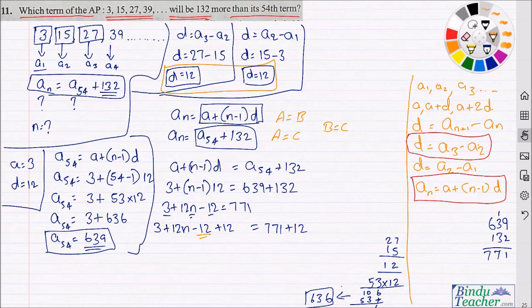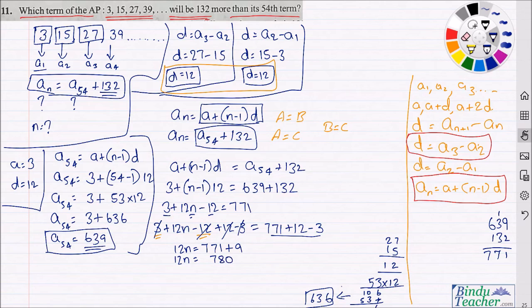Similarly, I want to remove the plus 3 here, so I will add a minus 3 here, and the same will be repeated on the right hand side of the equation. So with this, plus 3 and minus 3 cancel out each other, plus 12 and minus 12 cancel out each other. We are left with 12n equals, so we have 771 plus 12 minus 3, which is 771 plus 9. So 12n equals, we have 780.